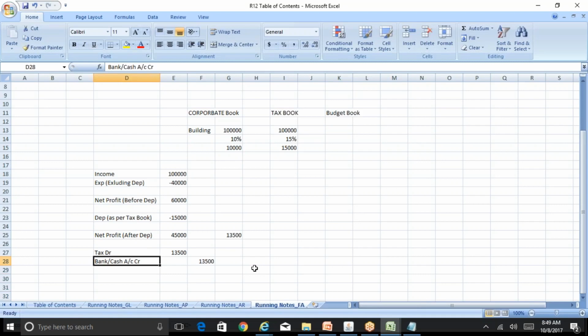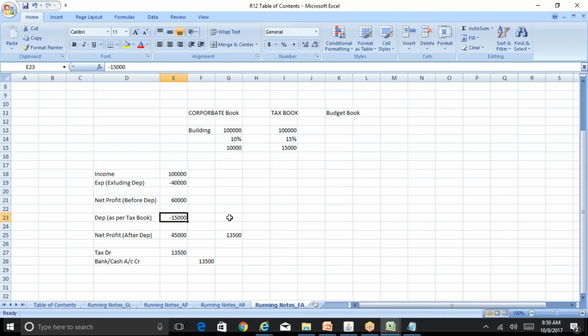Right. So ideally, the income and expense excluding depreciation and net profit are coming from GL, right? Yes. Right. And the depreciation as per tax book is coming from FA tax books. It is not coming. As I said, this is actually a calculation outside the system, or you do this kind of calculation manually in FSG reports.